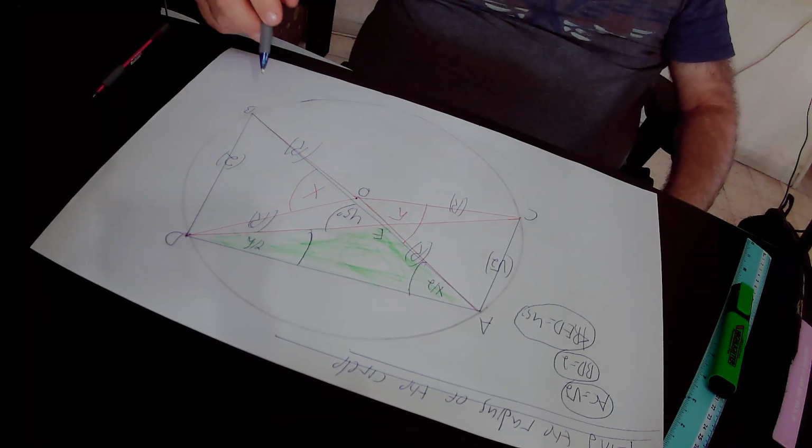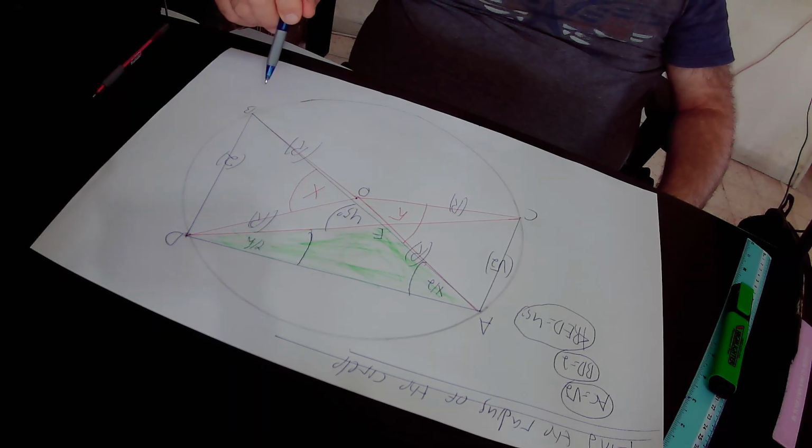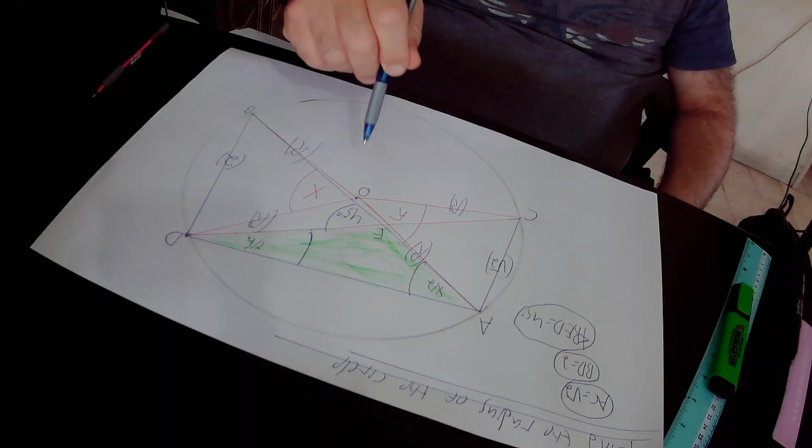In the next step, I will copy this triangle BOD in a new page, and we will implement the law of cosines in this triangle BOD.